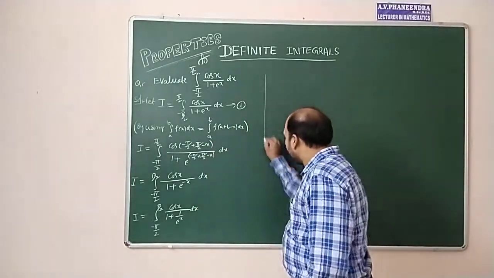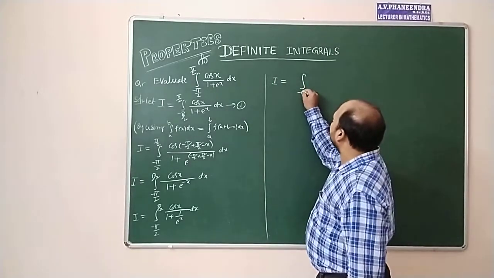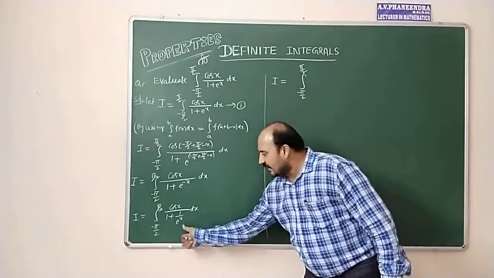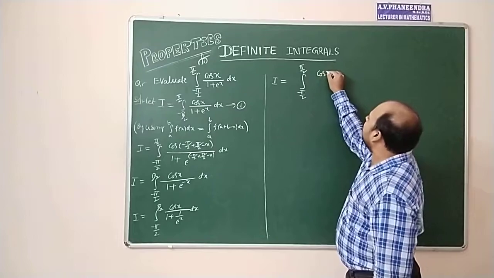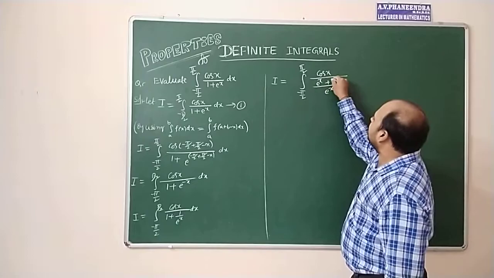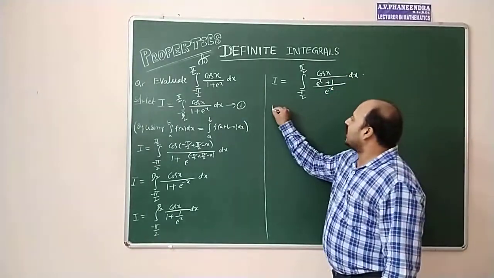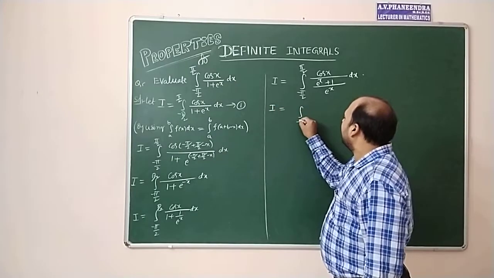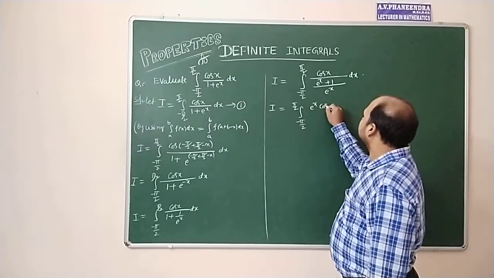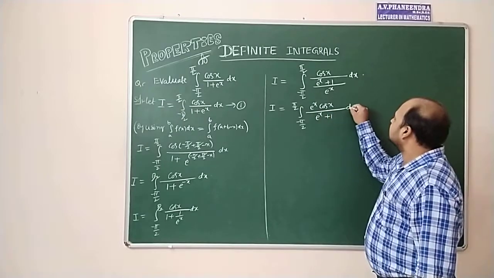Now after simplifying this, taking LCM for the denominator, cos x in the numerator itself, denominator is e power x plus 1 into dx. The denominator of the denominator becomes the numerator. So I is equal to integral minus pi by 2 to pi by 2 e power x into cos x divided by e power x plus 1 into dx.